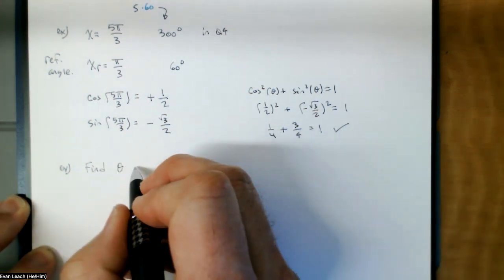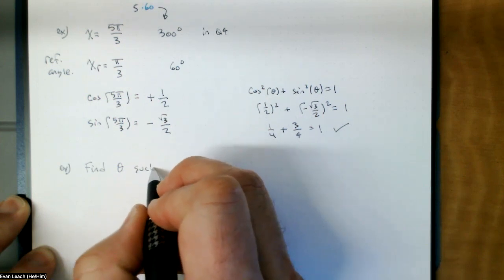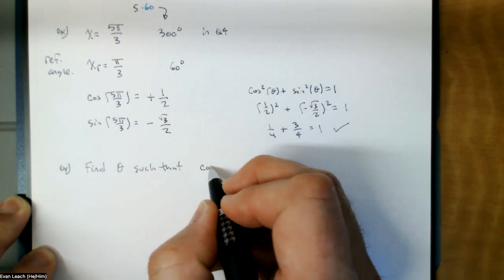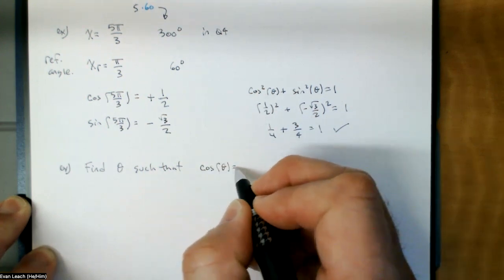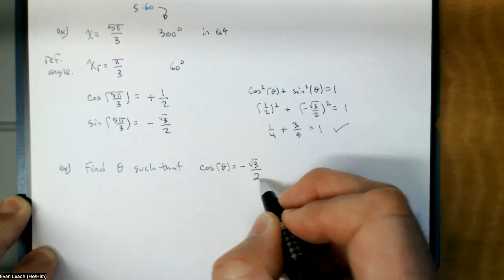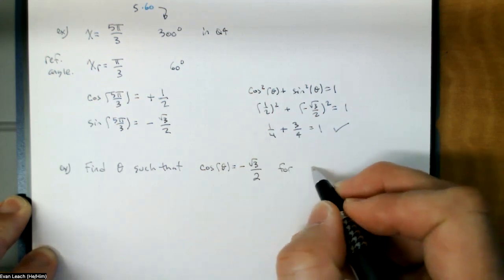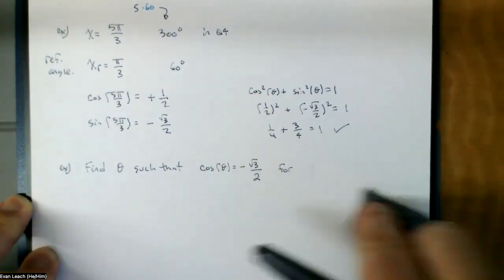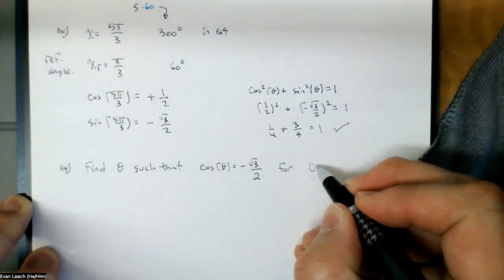We'll do the problem in degrees such that cosine theta is negative root 3 over 2 for theta between 0 and 360.